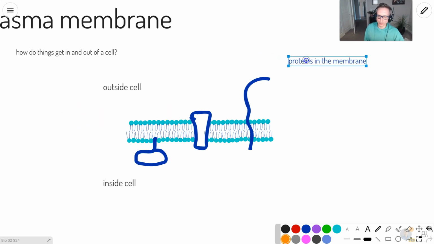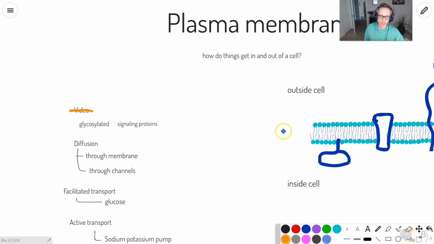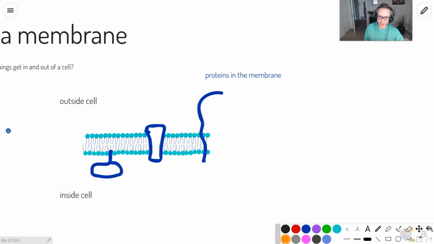One thing I just want to briefly talk about is glycosylated proteins. Glycosylated proteins are just proteins that have sugars on them. And the video that I just showed gave an example of those as well. But these are really important. Everybody will have a kind of unique style of sugars on these proteins.